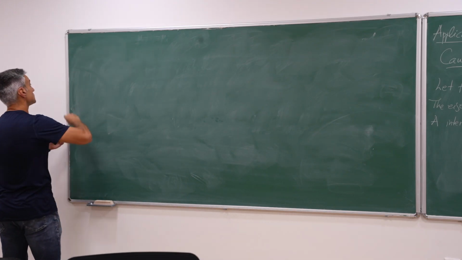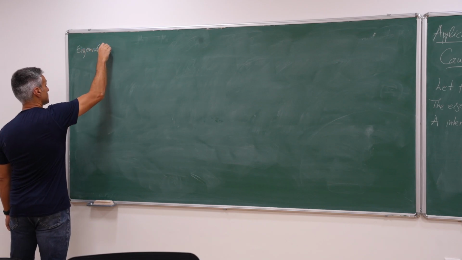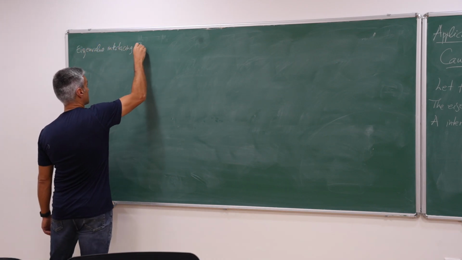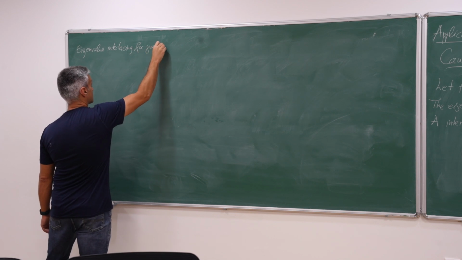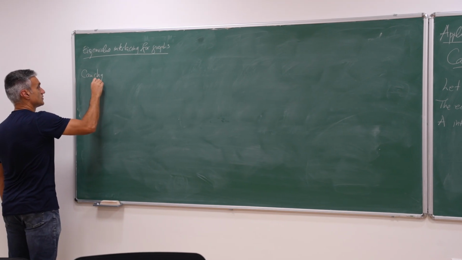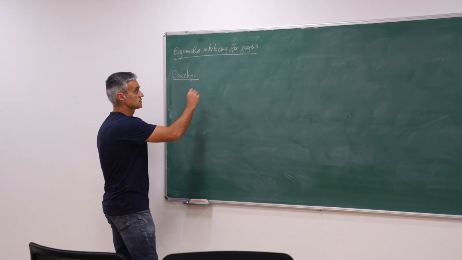So, eigenvalue interlacing for graphs. Cauchy. I'll do it just for the adjacency matrix.